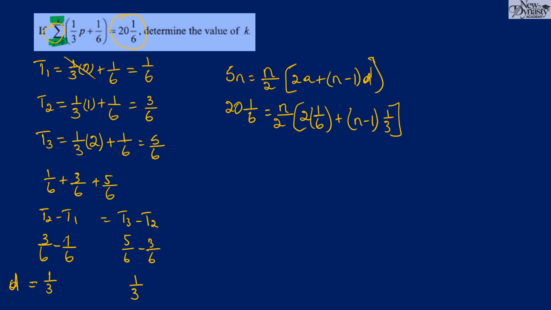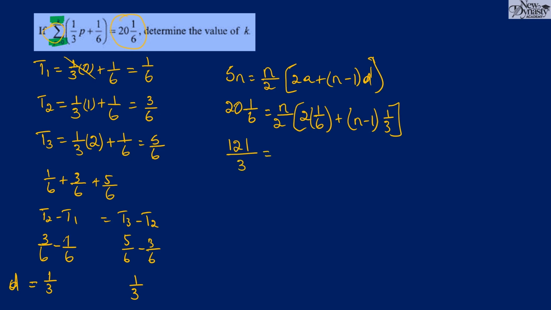So when you multiply both sides by 2, we get, using a calculator, 21 over 6 multiplied by 2, which gives us 21 over 3.